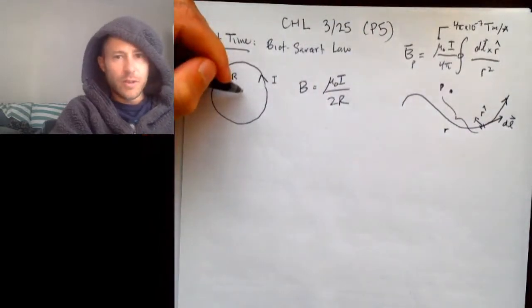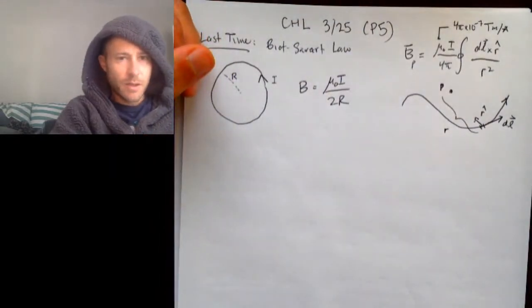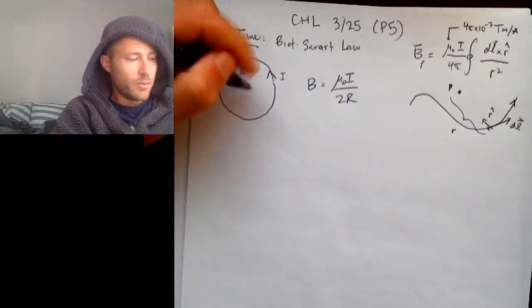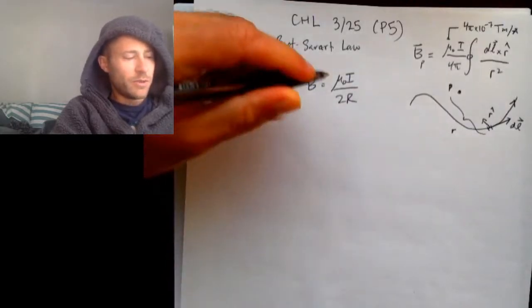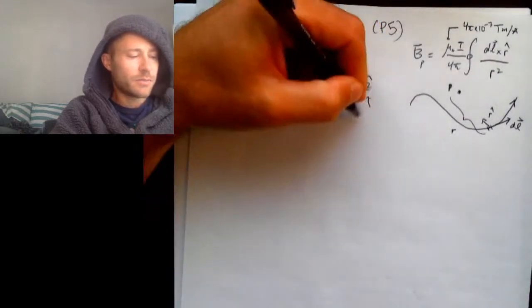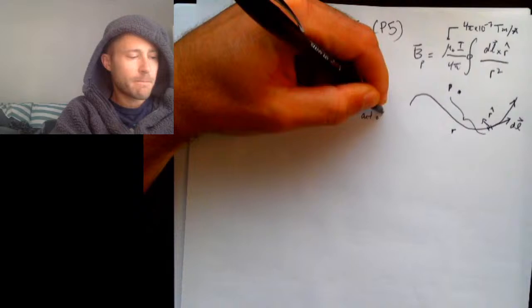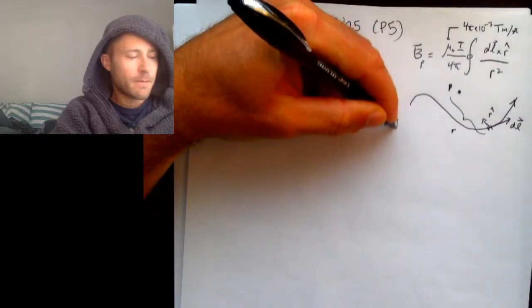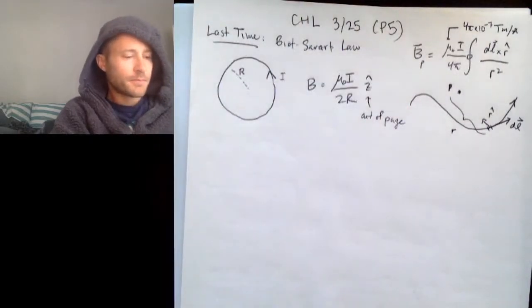And in the case of a counterclockwise current loop, that magnetic field is going to point out of the page in the z hat direction.